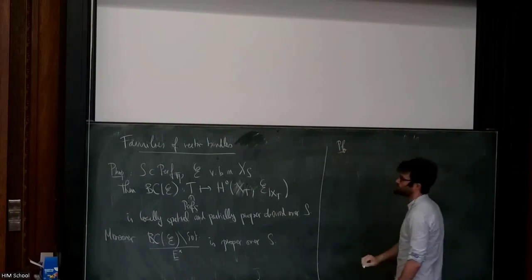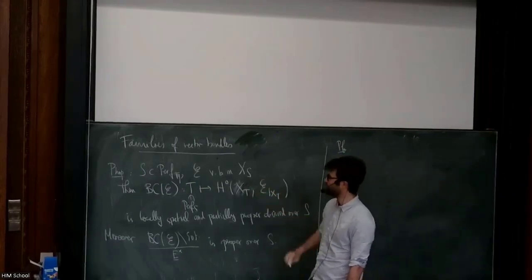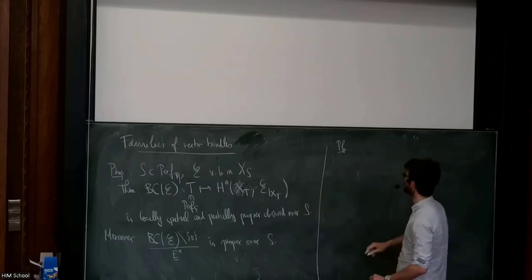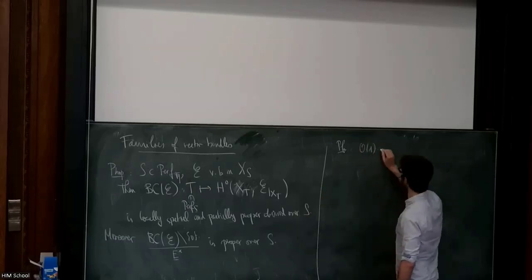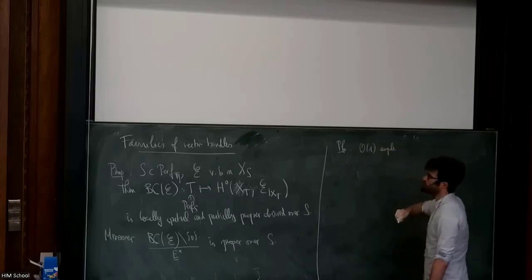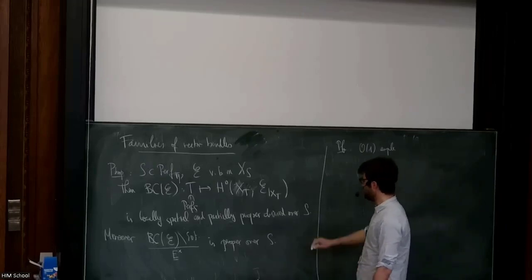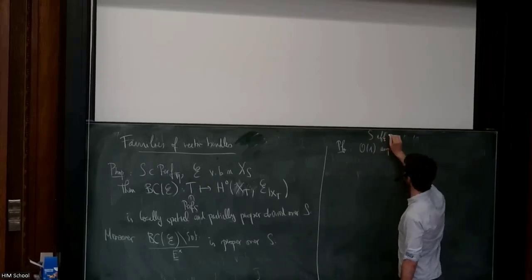so one very brief word about the proof of this. So how do you control an arbitrary vector bundle on X_S? Well, for the first part of the statement, the key point is, again, the ampleness of O(1), which is true. So, I mean, it's a local statement on S. So we can assume that S is affinoid perfectoid.